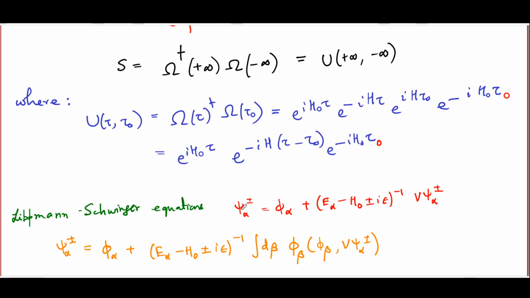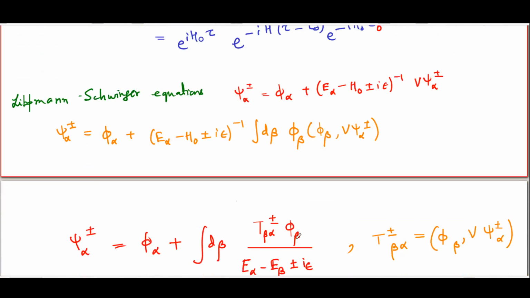And using the fact that phi betas are H0 eigenstates with eigenvalue E beta, you can bring this operator inside and then convert this into an equation which involves numbers mostly.